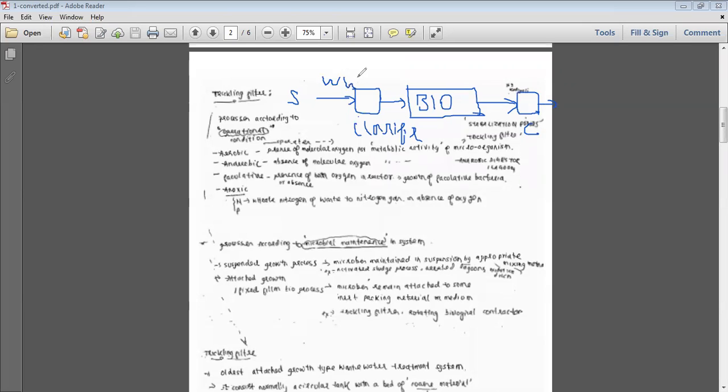This is how your treatment usually looks, especially for wastewater. The difference between water treatment and wastewater treatment is this whole biological treatment, how you provide it. You'll be learning more on this in the whole subject.